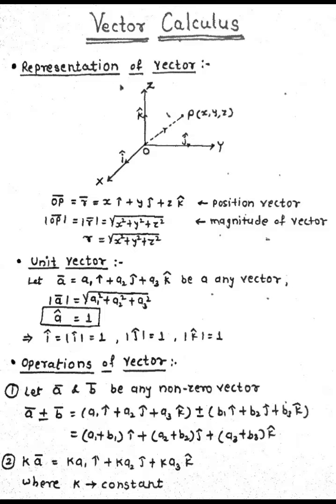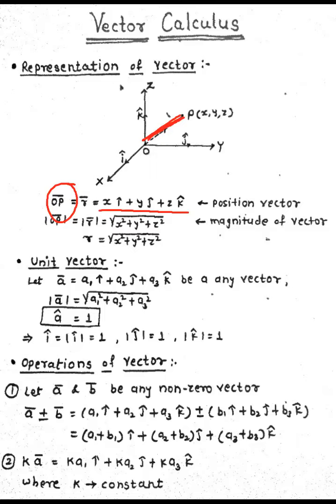So for that, first take the distance OP. This distance is measured from point P to the origin, then it is denoted by OP bar and it is defined as a linear combination of i, j, k.